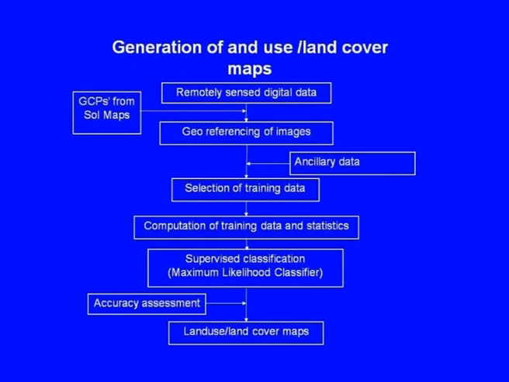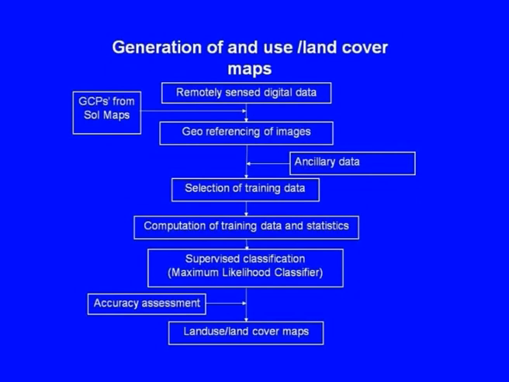In this particular study, digital data has been acquired, and on the basis of the information available from Survey of India, the images have been first georeferenced to the ground, so that all geometric errors are minimized. Based on the ancillary data which may have been collected from various offices or by field visit, we undertake the selection of the training data of different informations which are present.